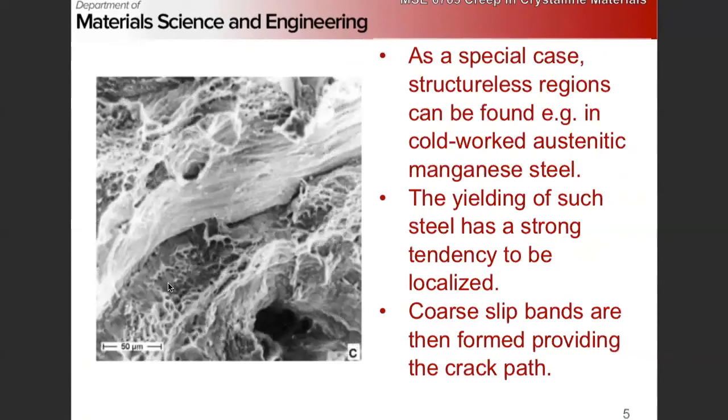So in heavily cold worked austenitic steels, they have a tendency to form shear bands and slip bands, persistent slip bands.